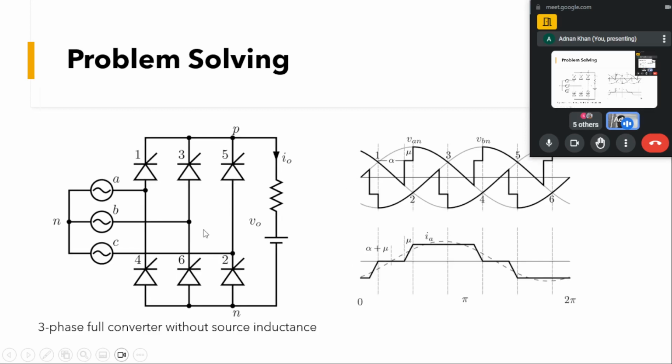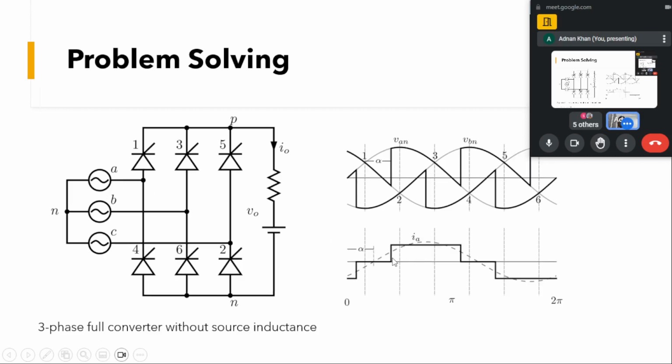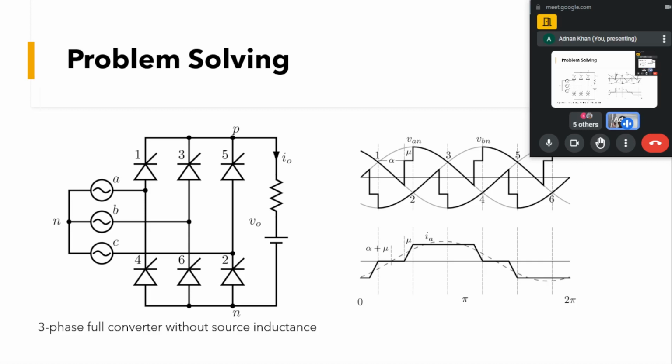Now, when we have the source inductance, the current would seem to transfer from one set of devices to the other instantaneously. But as we already discussed, due to the source inductance this cannot happen, so there will be some slope. Let us take the example here.